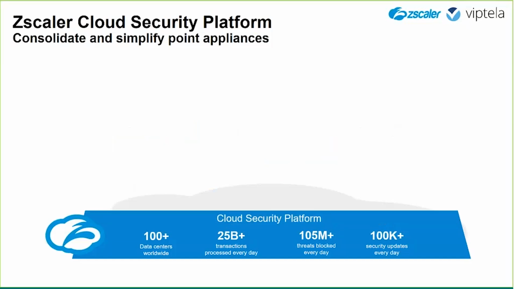And Zscaler was built from the ground up to be a cloud security platform. As I mentioned before, over 100 data centers, 25 billion transactions every single day. We have over 100,000 security updates that get propagated throughout our cloud every single day. Those are things that our research team finds.